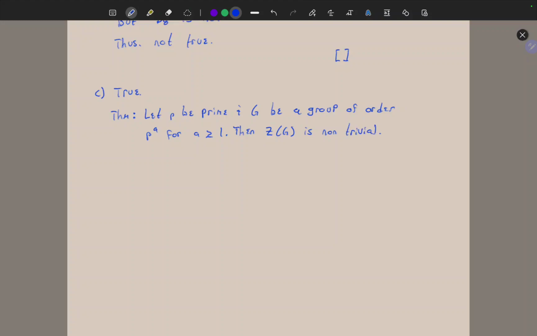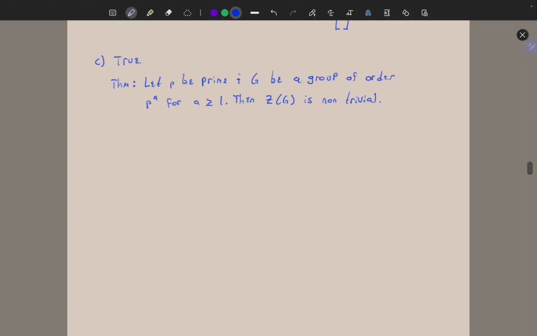This is going to be important because we are going to consider the possible orders of the center. So let's recall, the center of a group is a subgroup. The center of G is a subgroup of G. Thus, it can only have an order that divides the order of G. So if G has order P squared, the only possibilities for the order of the center are P squared, P, and 1.